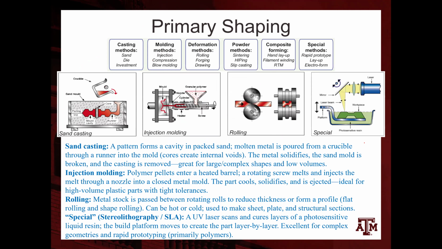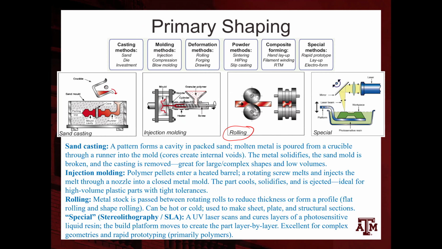So for primary shaping, we can use something as simple as rolling and forging, where basically we are plastically deforming the piece of material into the desired shape. That usually works for ductile materials like metals and their alloys.